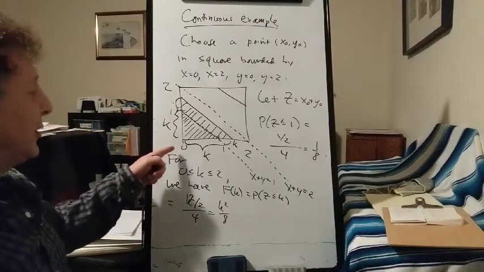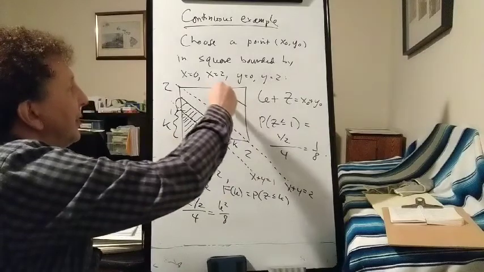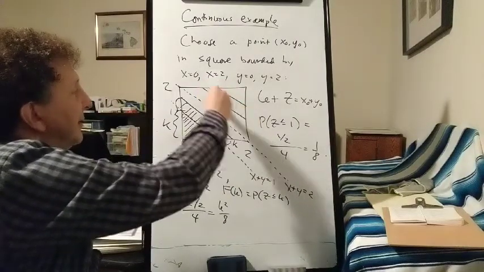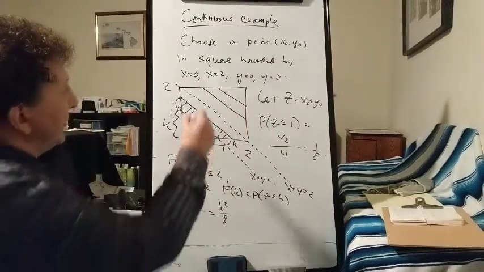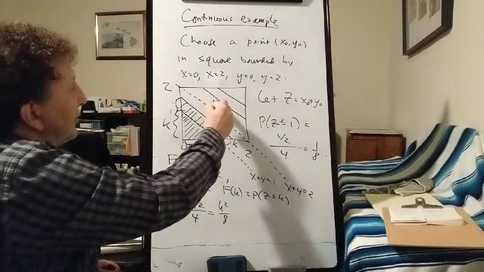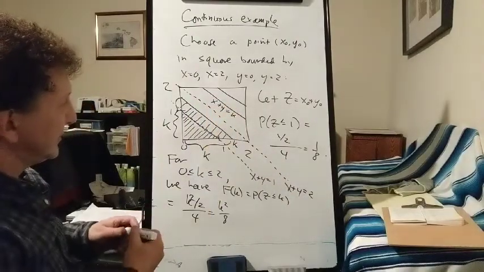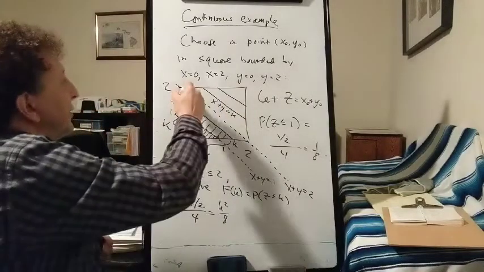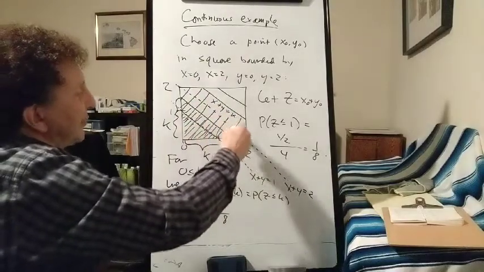Now if k is bigger than 2, then we're looking at this line that hits the x-axis outside of the square. X plus y equals k. So we're going to want the area of this region, which is not exactly a triangle.